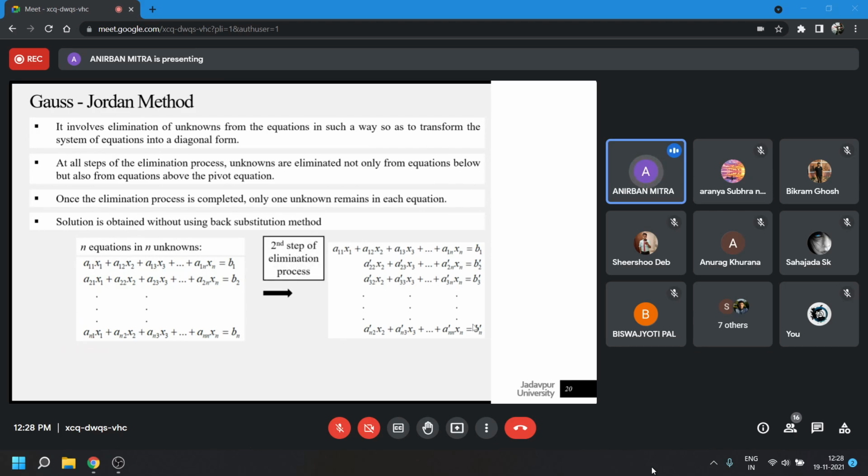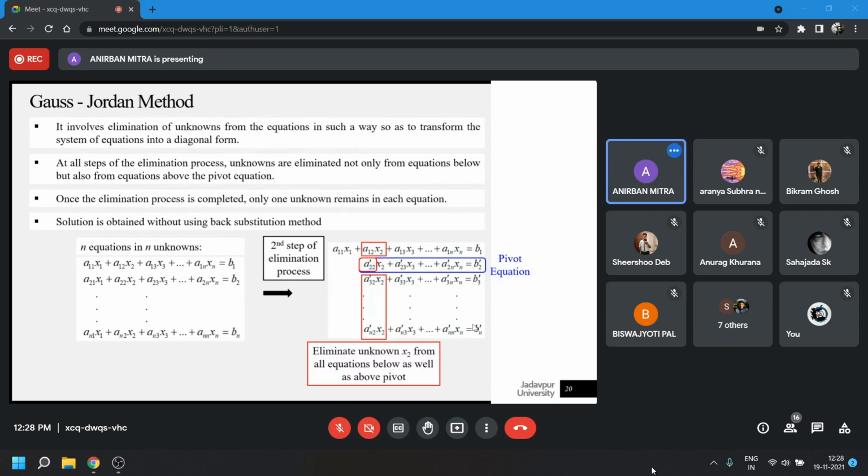Now we go to the second step of the elimination process. In this second step, we will select the second equation as the pivot equation. A22 dashed here would be the pivot element. And we would now modify all the equations below this pivot equation, and the equation above it as well.